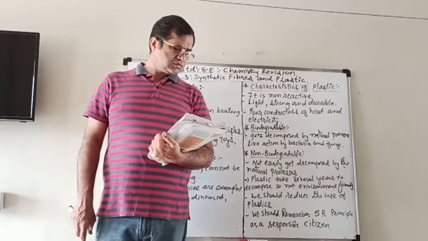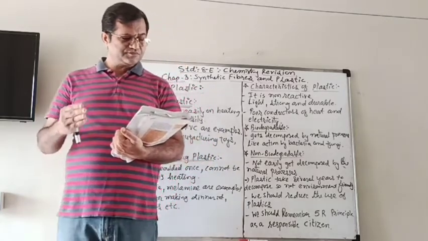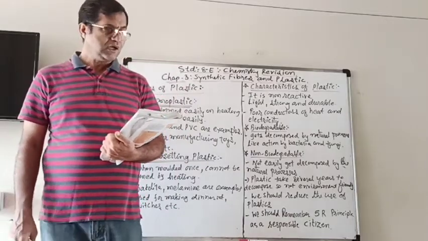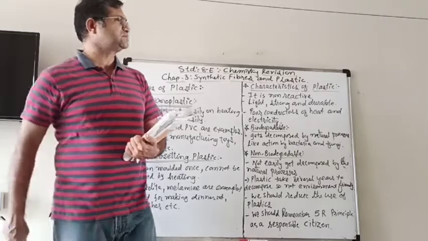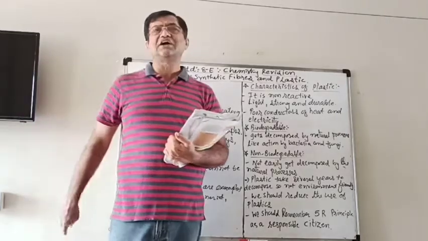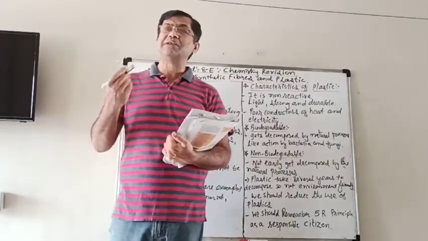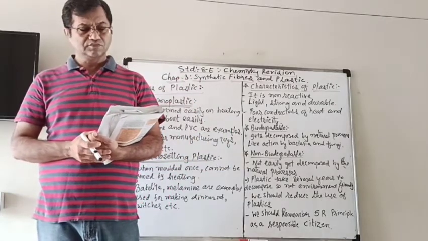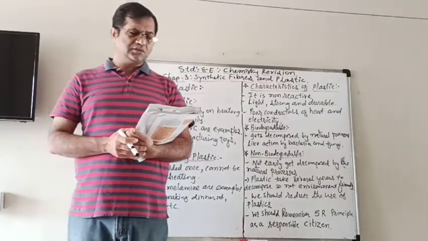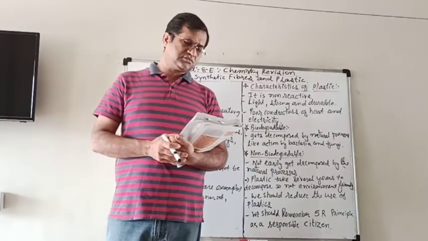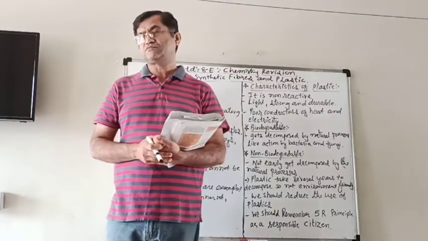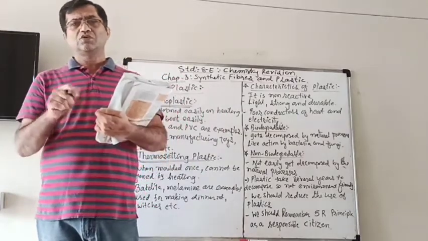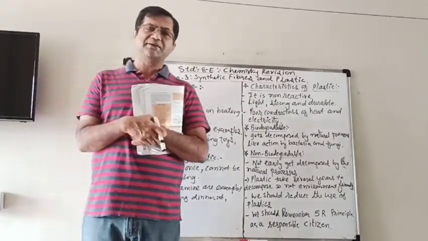So now, how can we solve this problem? The best suggestion is that we should minimize the use of plastic. We know that bags are made from plastic. So whenever you go to the market, they will give you material in a plastic bag.